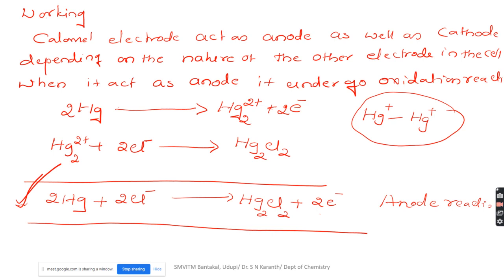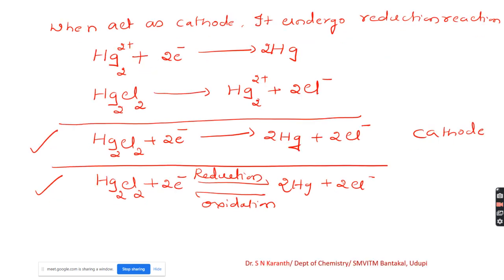The calomel electrode may act as an anode or a cathode. When it acts as an anode, an oxidation reaction takes place: mercury interacts with chloride ions, forming mercurous chloride with the liberation of 2 moles of electrons. When it acts as a cathode, mercurous chloride takes electrons, forming mercury and chloride ions. The net reversible reaction is mercurous chloride taking electrons.